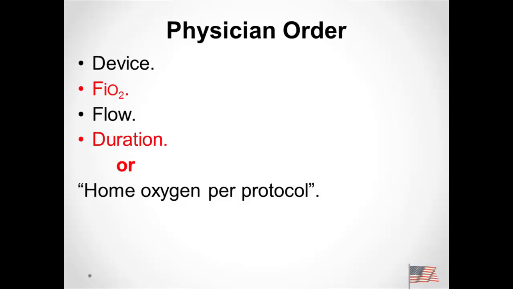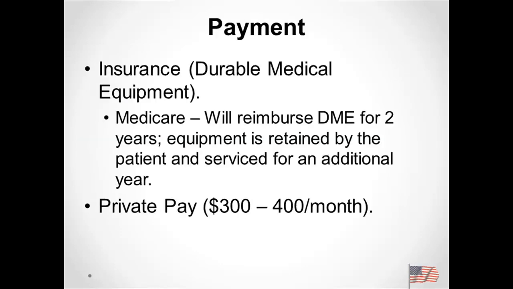Home oxygen therapy, I just want to make mention of, there are specific things that need to go on orders: the device, the concentration or flow that they're going to utilize, and how often the patient is supposed to use it. Durable medical equipment, or DME providers, are the people who will end up providing the equipment to the patient.